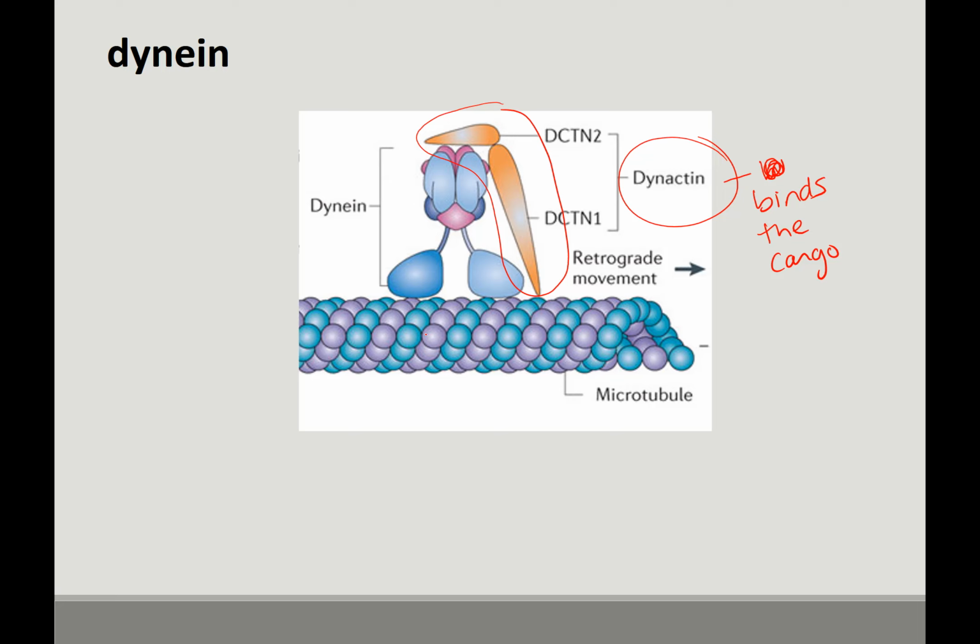So dynein interacts with the microtubule, moves retrograde toward the minus end, dynactin moves with it, and up here would be your cargo. A vesicle, membrane from the ER, or I guess from the Golgi, moving organelles around the cell.